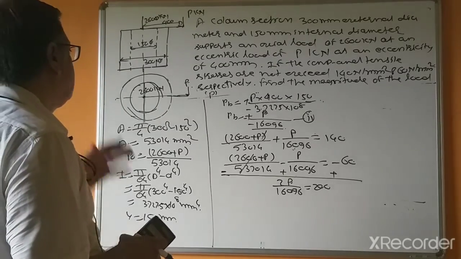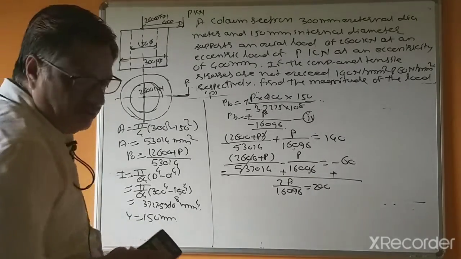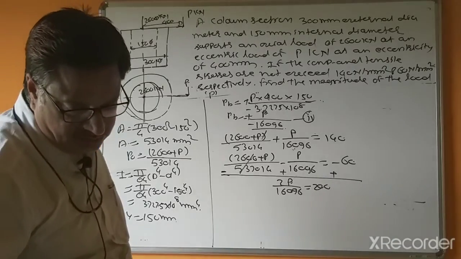Is there any mistake? P into e, 400 multiplied by 150.